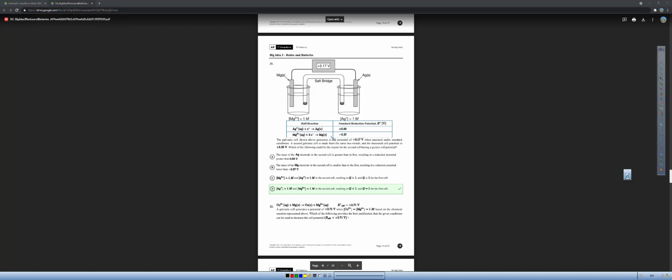And so I need to understand that this reaction, as stated, this is again the reduction potential. They always give the reduction potential, never the oxidation potential. And so since my reaction is going this way, my electrons are flowing this way, that means magnesium is losing electrons, and so this would be flipped.